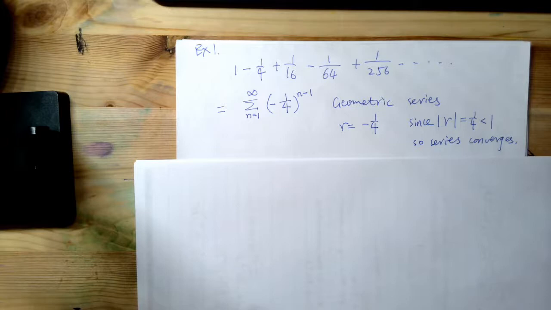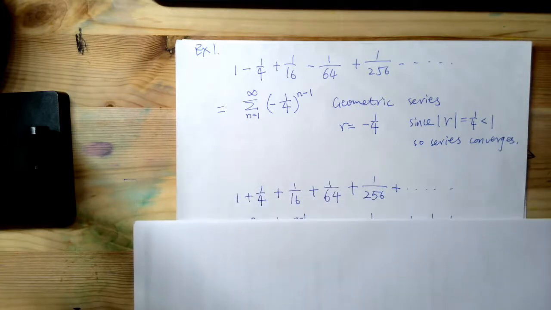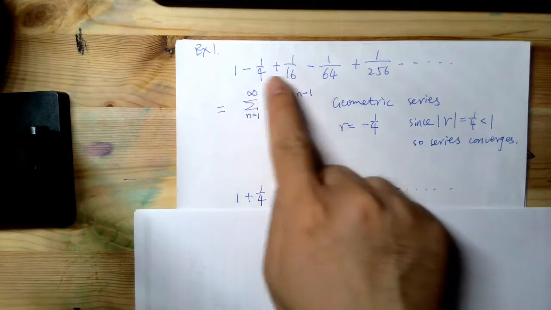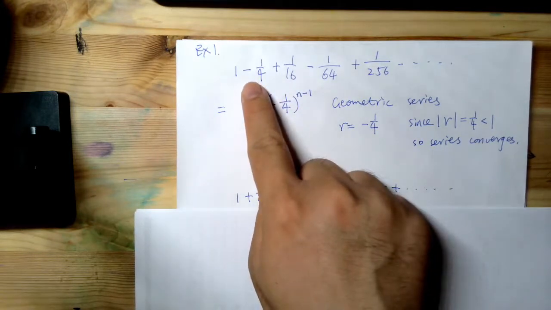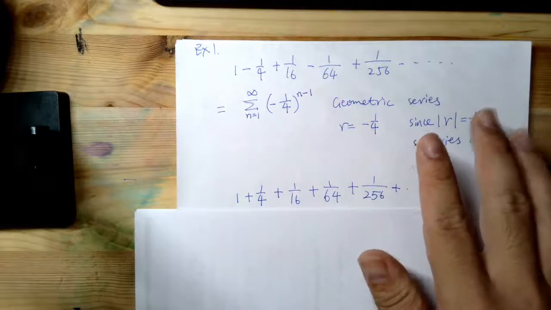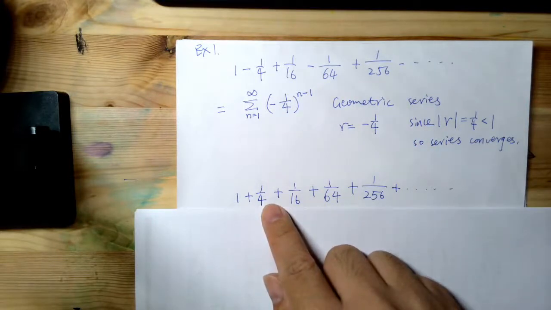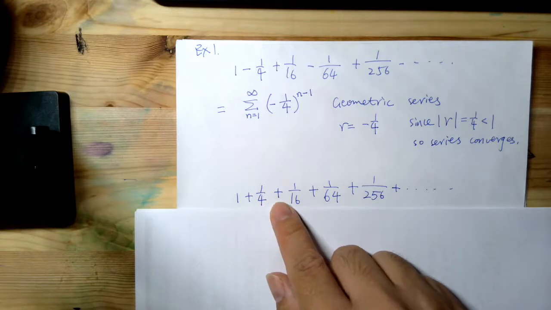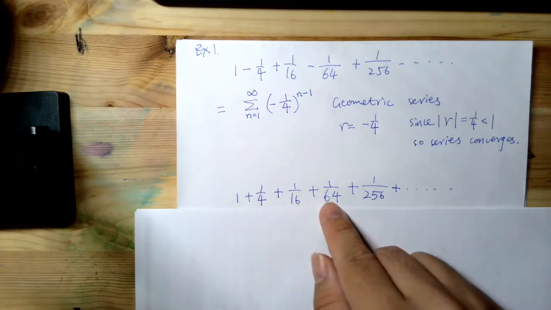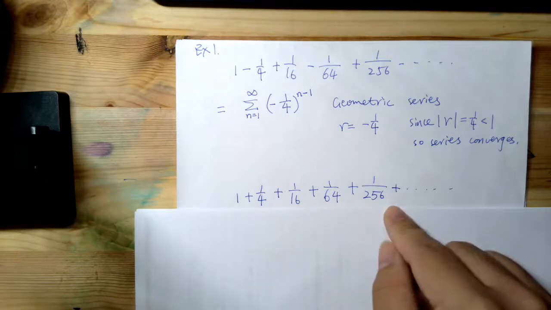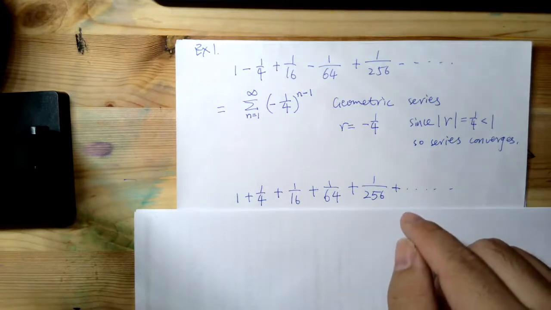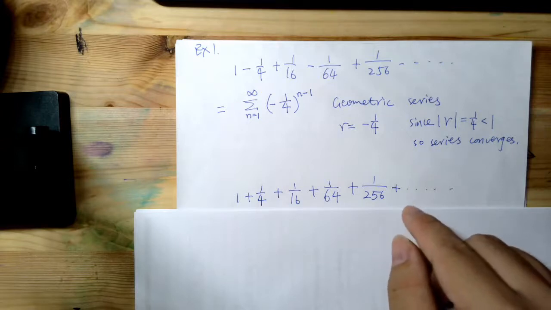Now, let's do something. If we change the sign, change the negatives all into positives, we're going to have 1 plus 1 over 4 plus 1 over 16 plus 1 over 64, etc. And as you can see, this is still a geometric series.